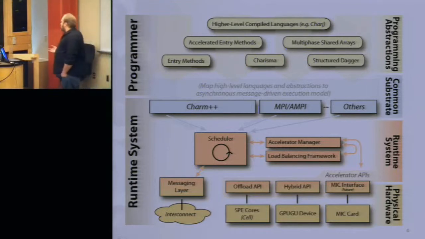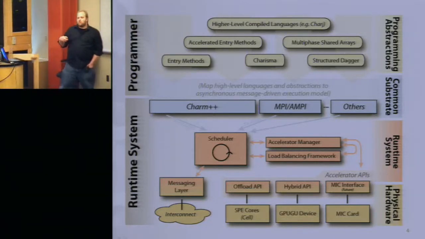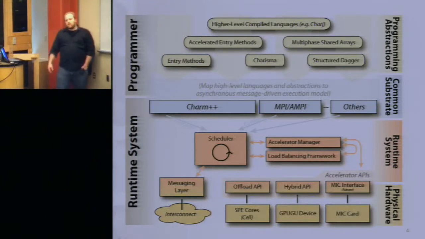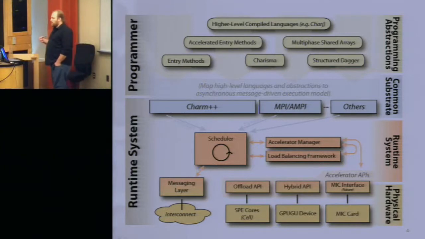The very top one is Charisma, which is a way of making programming in Charm++ a bit easier. It gets compiled, so it's an effort to actually have a compile-based language based on Charm++, and then a variety of other things. I won't go in and explain each one of them, but I'll in particular point out accelerated entry methods because that forms the basis of this work.